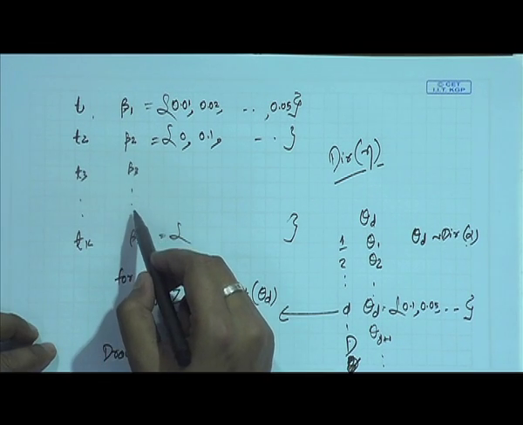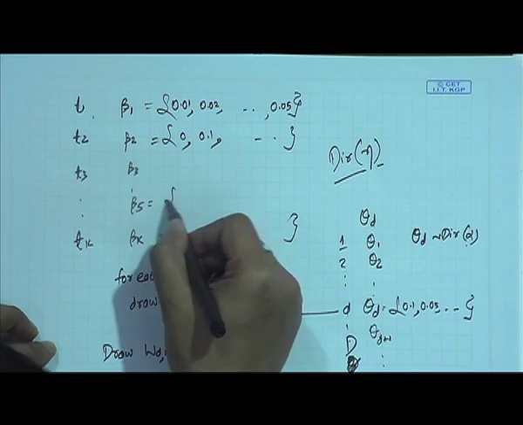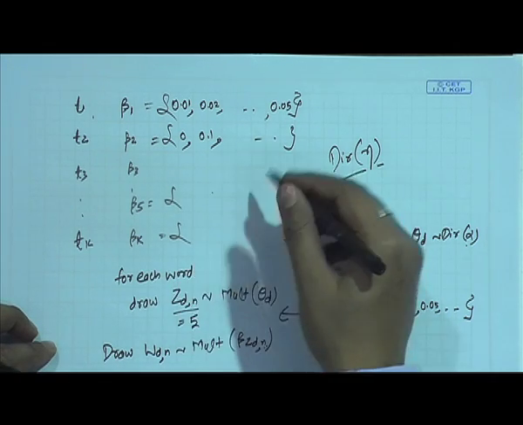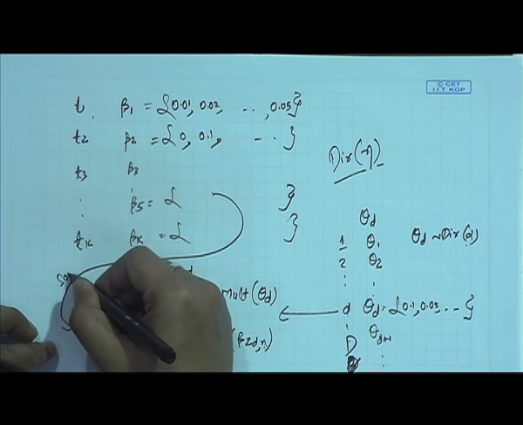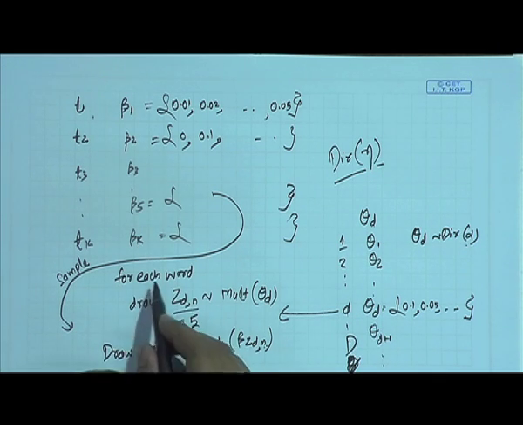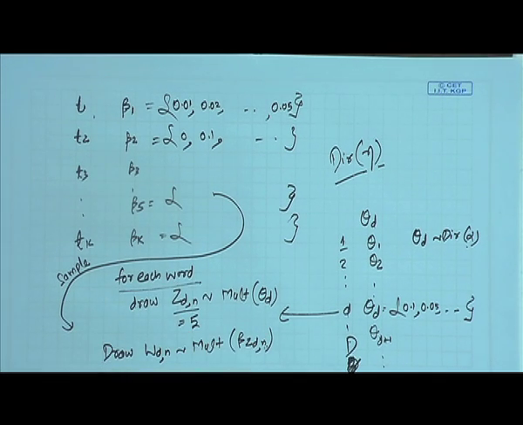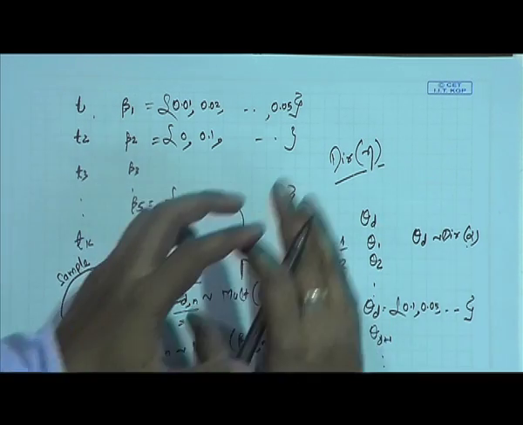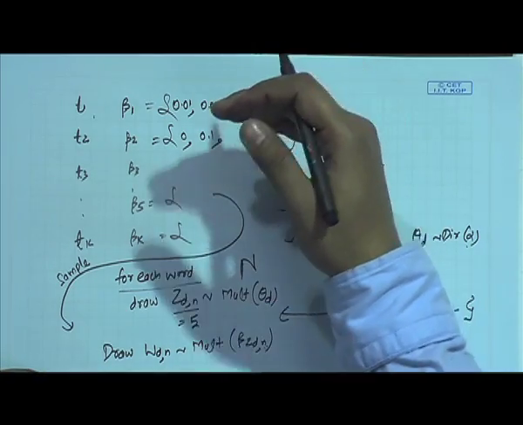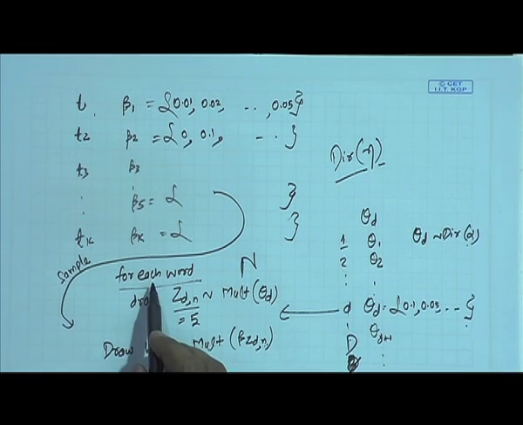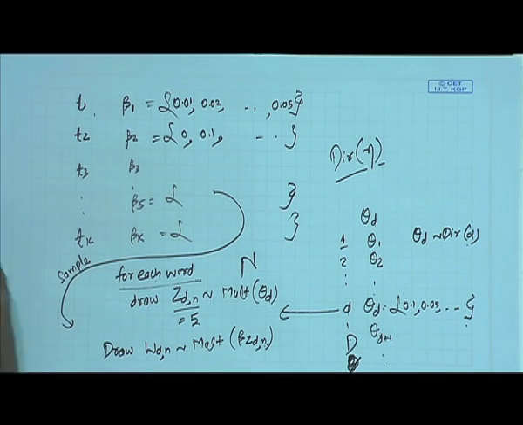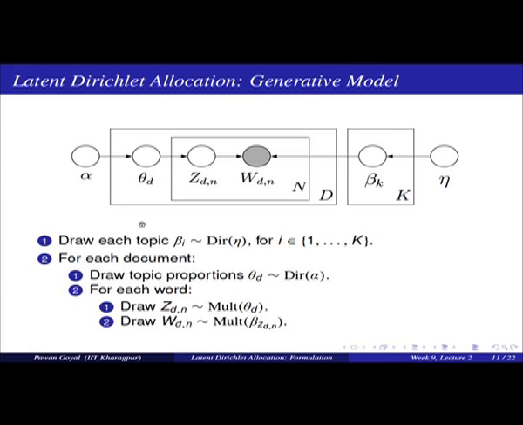That means for the fifth topic I will have the distribution, and from there I will sample one word from this probability distribution, and that is what I am generating. You do this for each of the capital N words in my document, and this is the whole generative model. First you generate your topics, then for each document the topic proportions, then you go to the individual word, choose its topic, and generate that word. Okay, fine. So that's what we were saying in this slide.